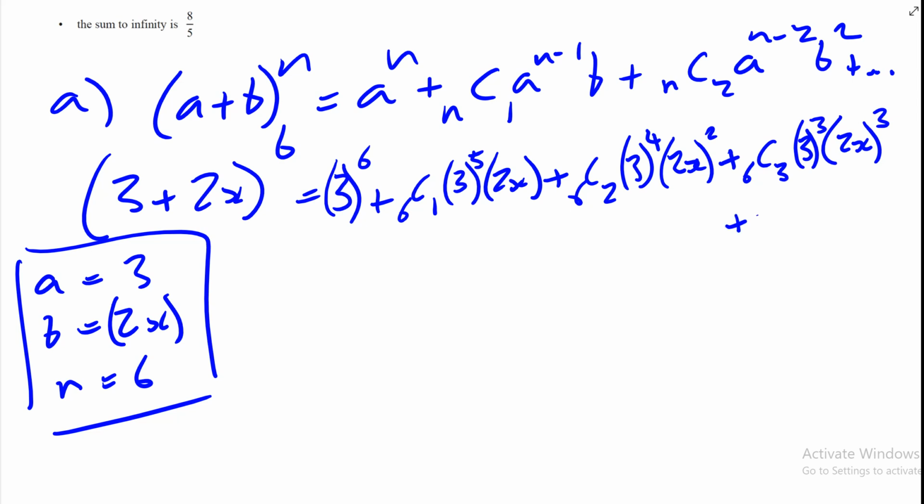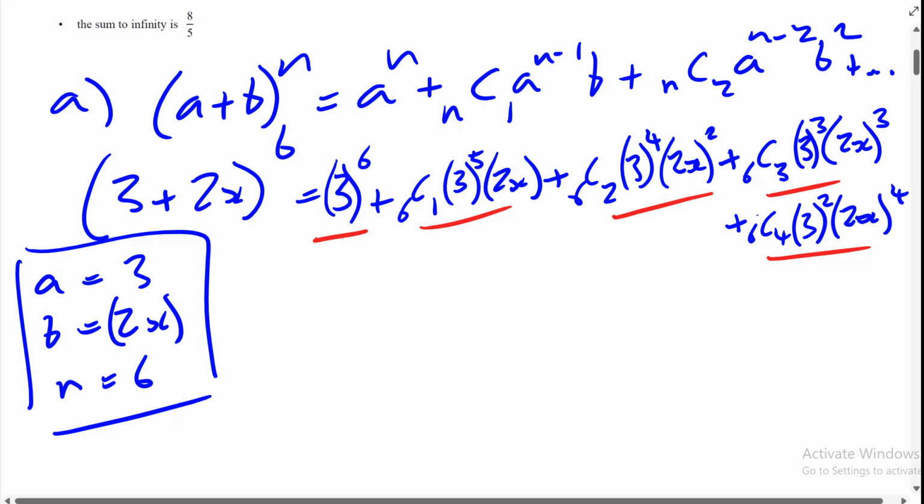And we've still got another term. We need the first 5 terms here. So we've got 1, 2, 3, 4. We need one more term, which will be 6 choose 4, 3 squared, (2x) to the power of 4.